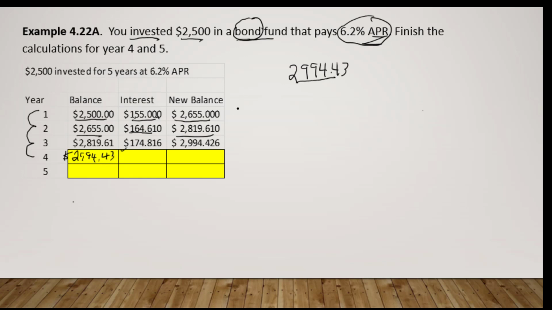And you should say, well, I need to multiply that and find 6.2% of this number, which I can just simply do right here and put that in my calculator. So that's 2994.43 times 6.2 over 100. And I get 185.65.